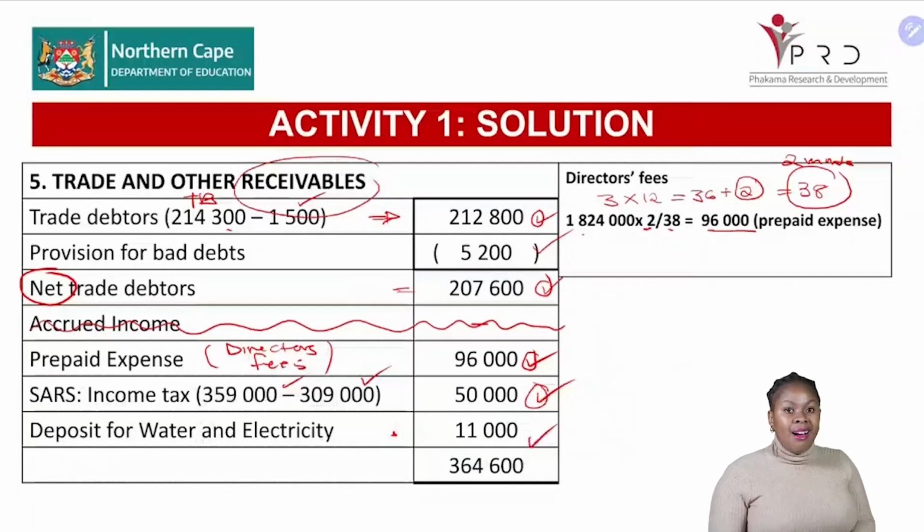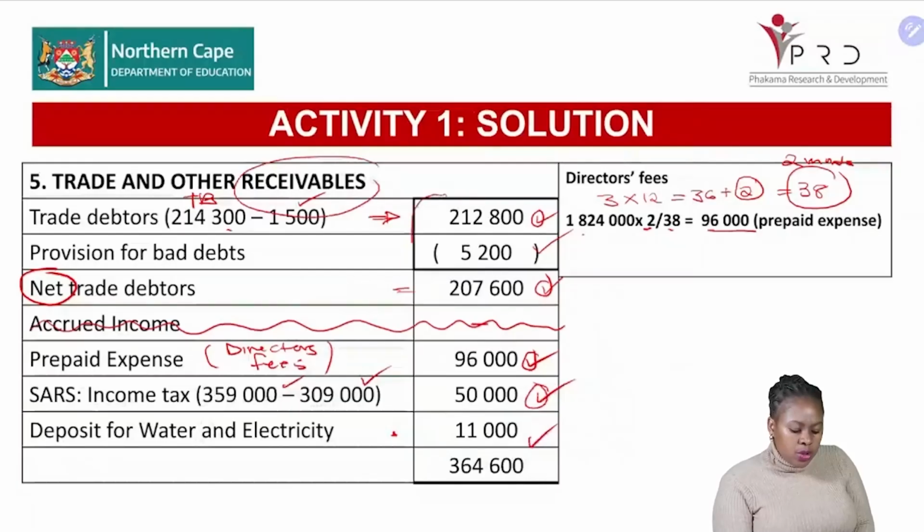The examiner can ask you the trade and other receivable notes as a particular question, or the examiner can ask it in the face of the statement of financial position. You have to know your format, whether the examiner is testing it in terms of calculating it separately or on the statement of financial position.